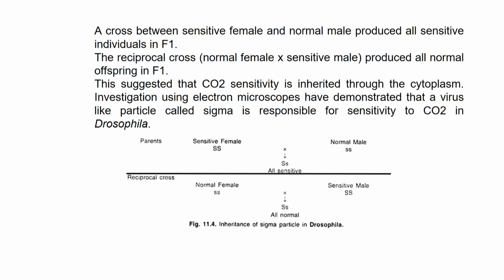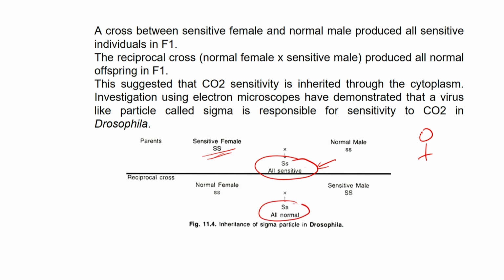Okay. So a cross between a sensitive female and a normal male produces all sensitive F1. Here, if you see, this is a sensitive female, this is a normal female. So here you see this is a sensitive female. Now, this is a heterozygous situation and all of them are sensitive because the mother is contributing to the phenotype.